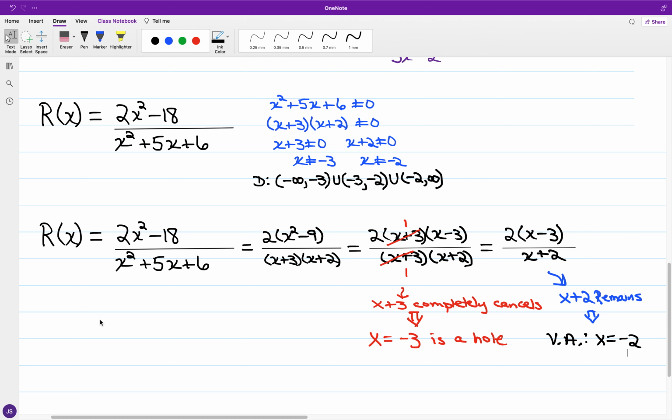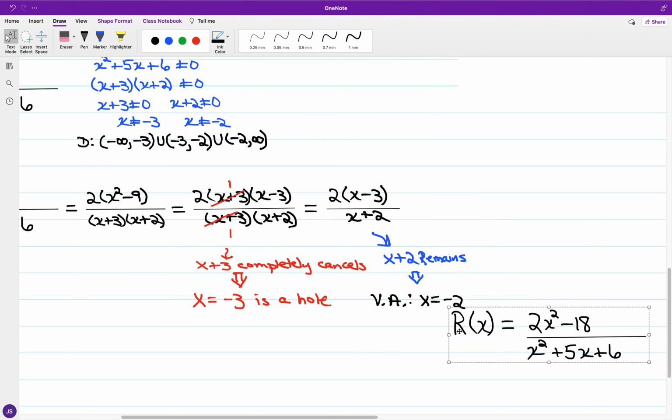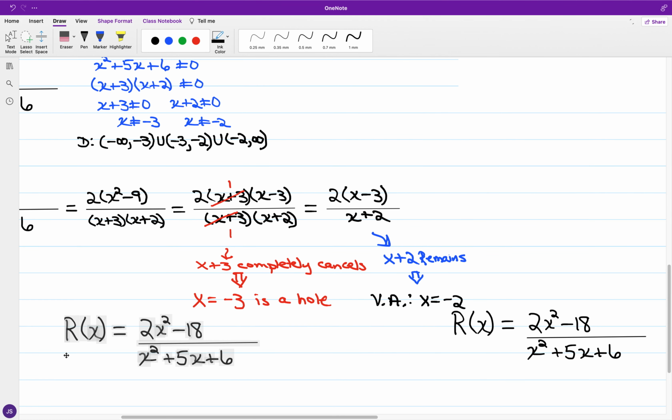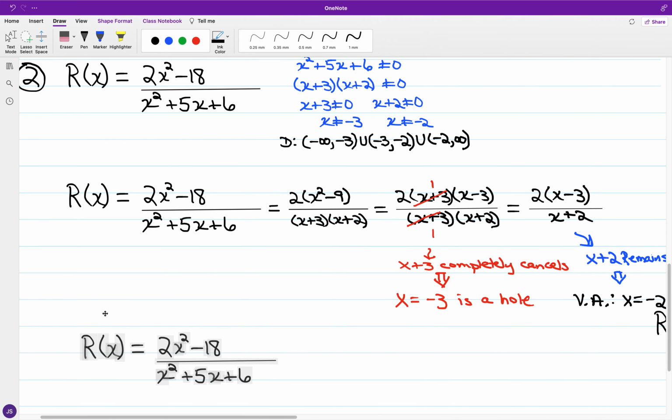Now, for finding any other asymptote, again, this comes down to degree comparisons. In the numerator, the higher order term is 2x squared, and in the denominator we have x squared.